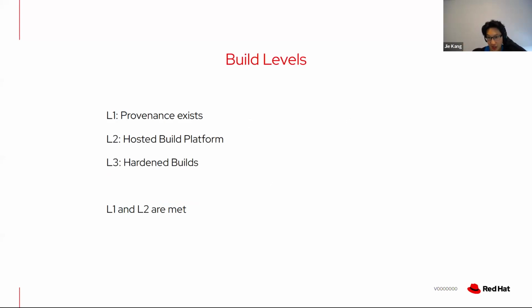So at a very high level, for the build levels, L1 is described as we have provenance that exists, such as an SBOM file. We may need to adjust it to fit whatever the SLSA requirements are, or have additional provenance alongside that, but it's not particularly difficult.